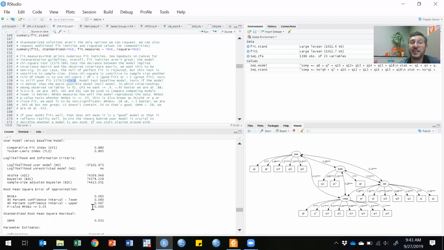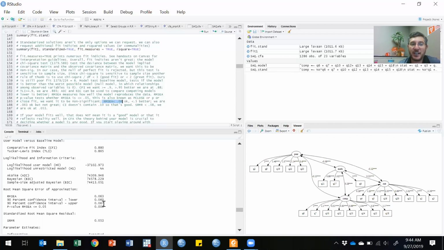So we want this test again to be not statistically significant. Sometimes you'll see this called the p-close or the p of close fit value. Typically, for root mean square, you'll see less than 0.08 is okay. Less than 0.05 is better. So, we can say our fit here is okay, but it's not great.